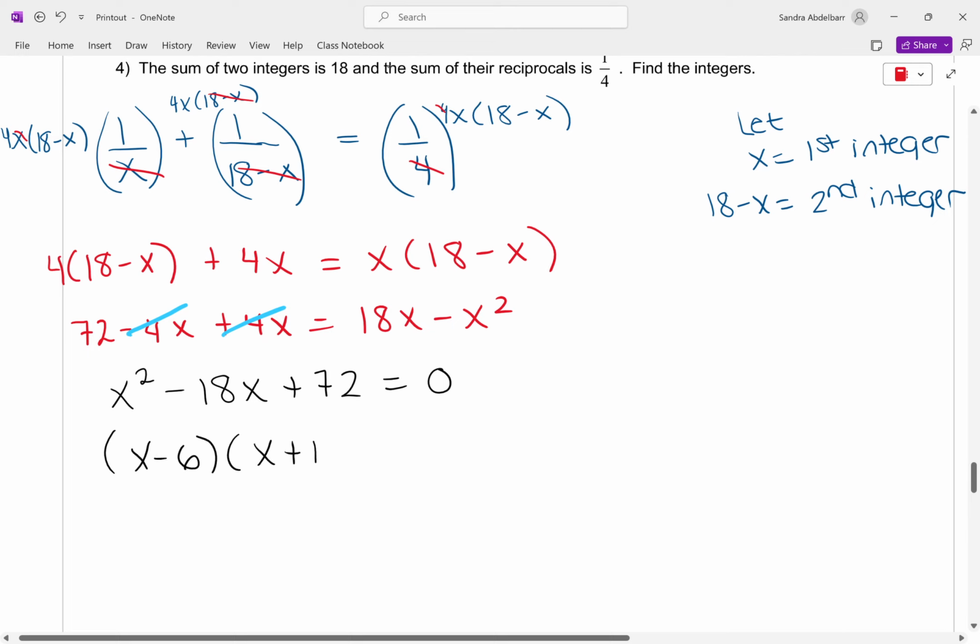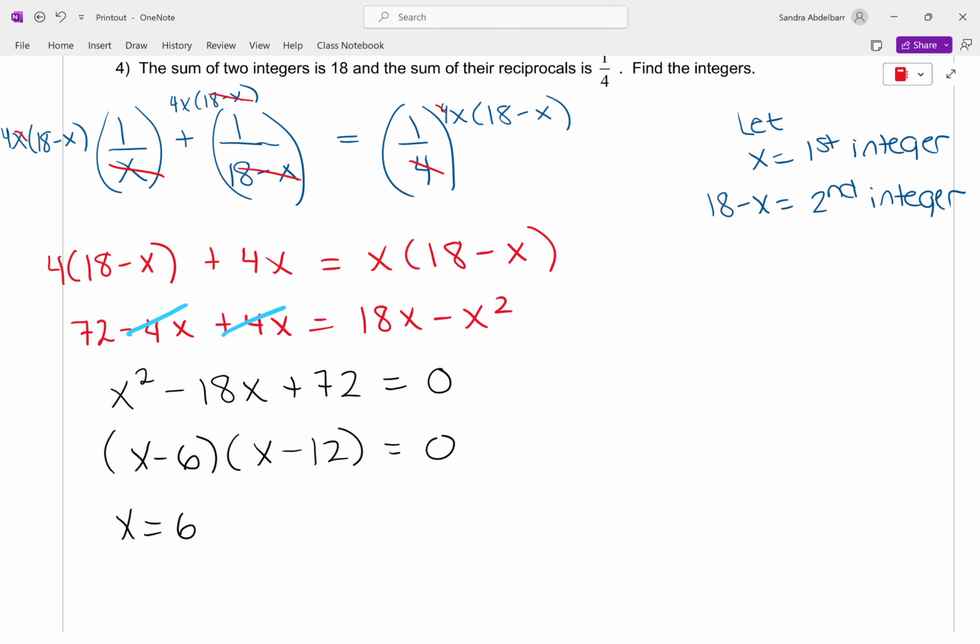And now we factor. When we factor, we're going to get an x minus 6 and x plus 12. Oh, nope, opposite, right? They're both negatives. x minus 6, x minus 12 equals 0. So x equals 6 and x equals 12.